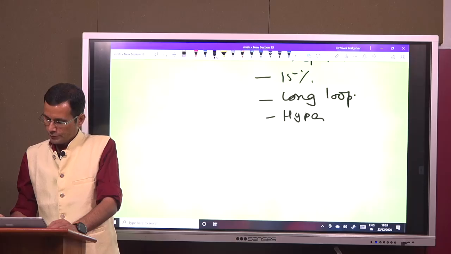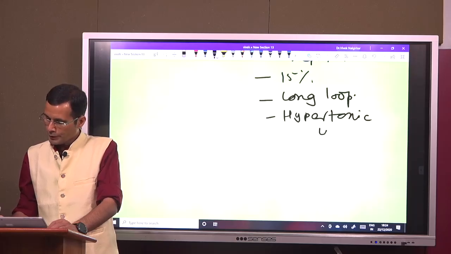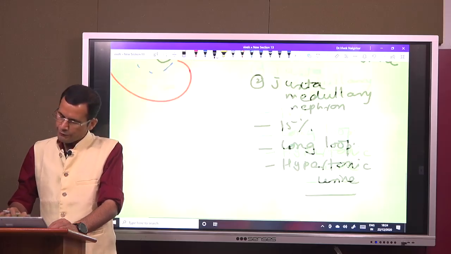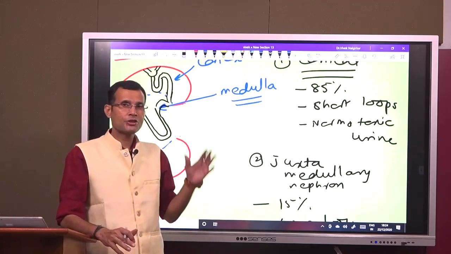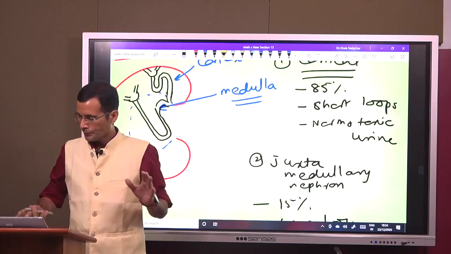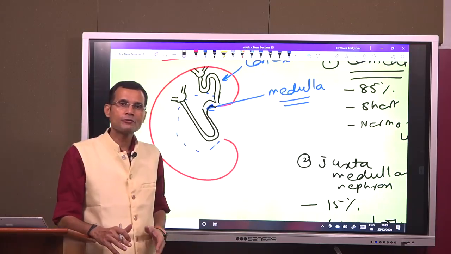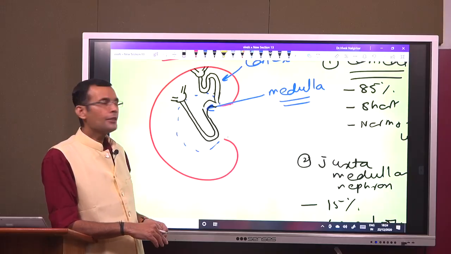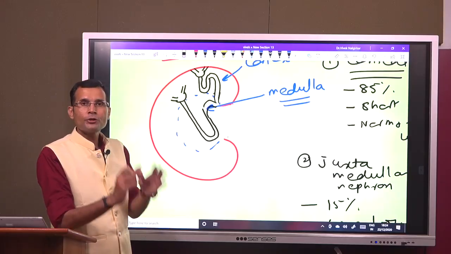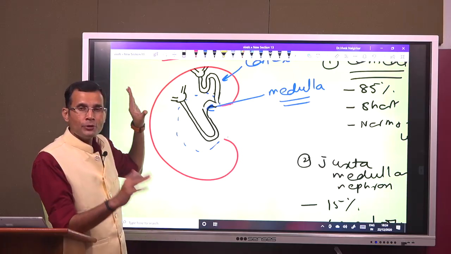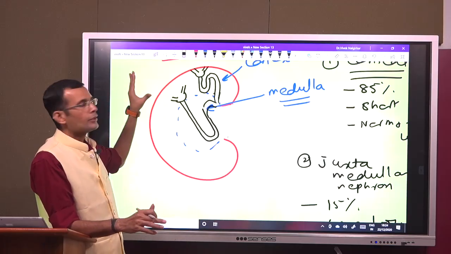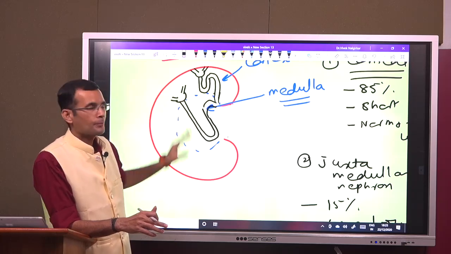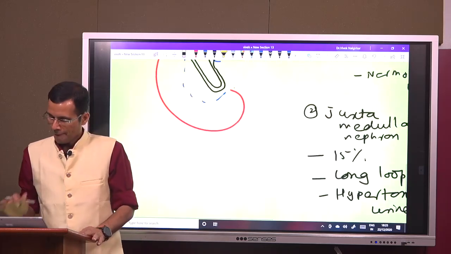Formation of a hypertonic urine is the function of these 15% juxtamedullary nephrons. So these two populations of nephrons can be seen in the kidney. But if you have noted, all the glomeruli are essentially located in the cortex only, right?